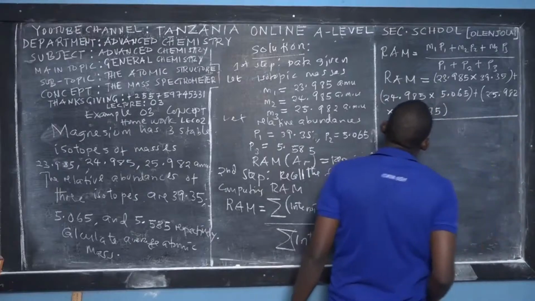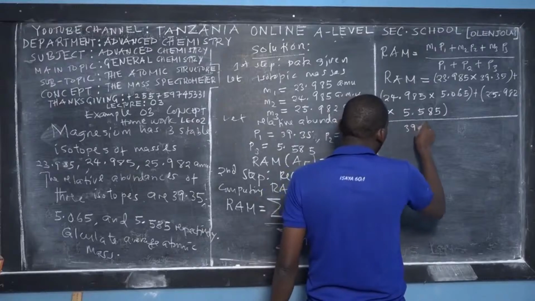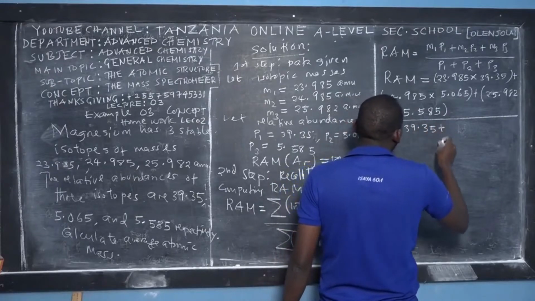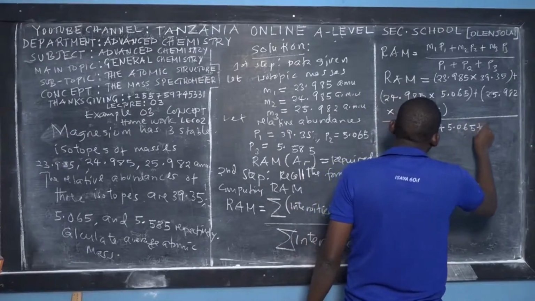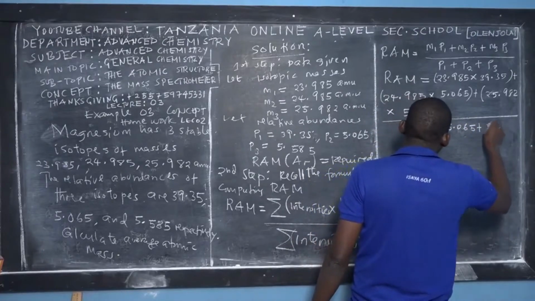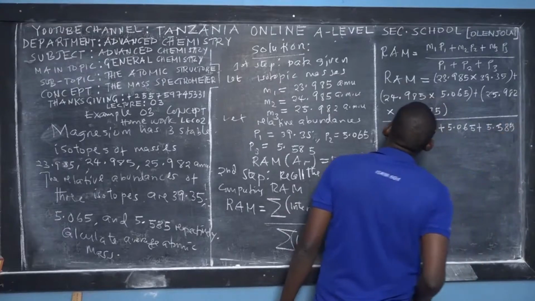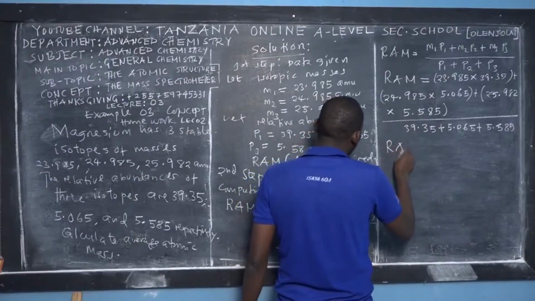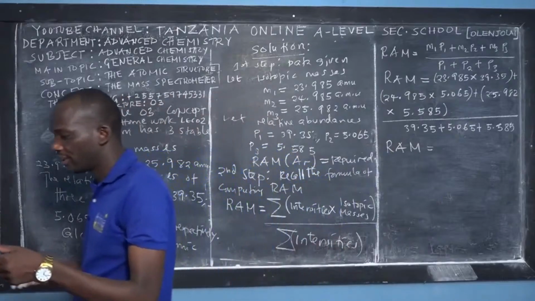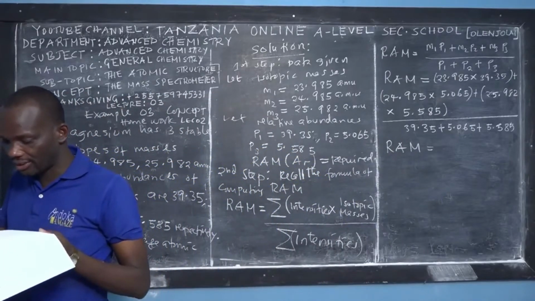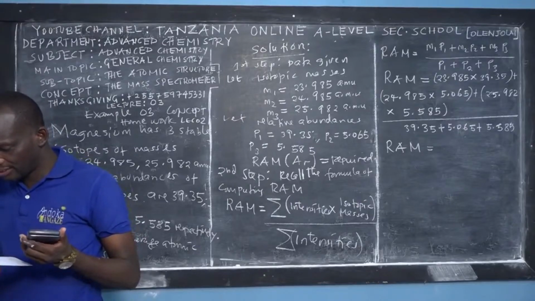We divide this by the total abundance, which is 39.35 plus 5.065 plus 5.585. For that computation, you have to take your scientific calculator and use it effectively.